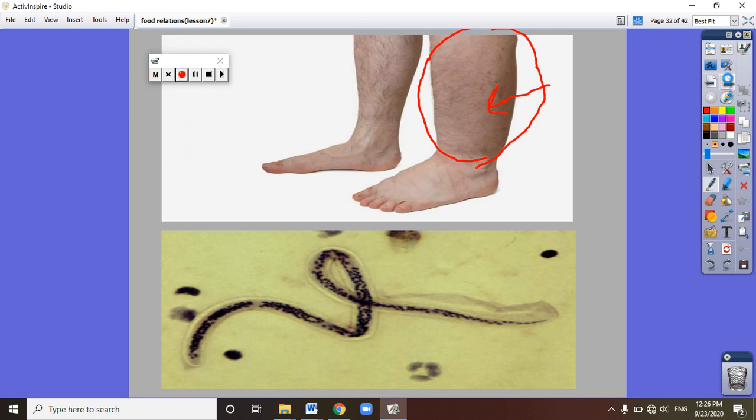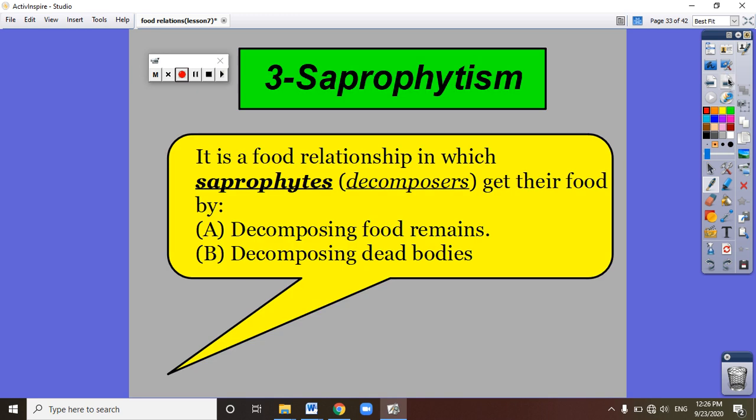So we have now finished the second food relationship, which is predation and symbiosis, and in symbiosis we finished mutualism, commensalism, parasitism. Now we will take the last food relationship that we have, which is saprophytism.